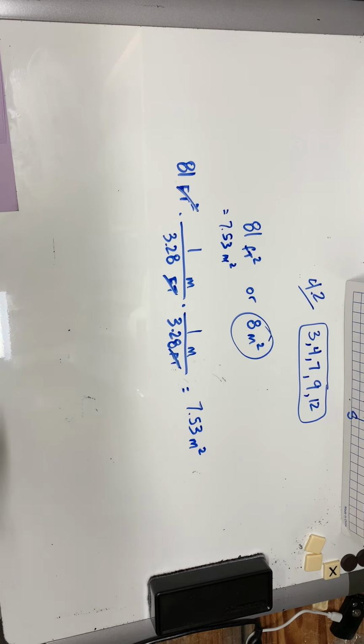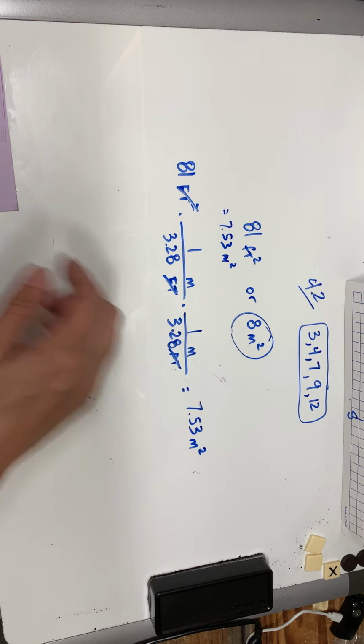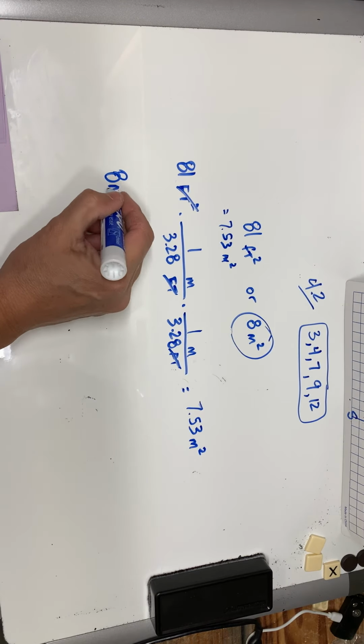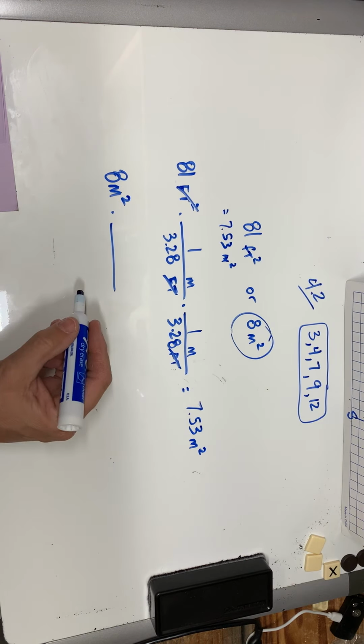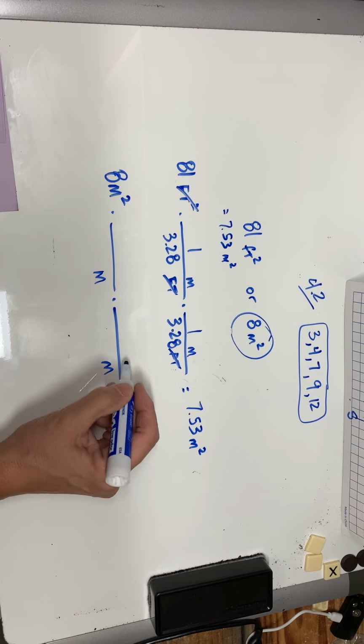It turns out on this one, the choice I have is that 8 square meters is bigger than 81 square feet, because when square meters are converted to square feet, 8 square meters is, and so what they really want me to do is tell them how many square feet this is. Sometimes you just guess which one you want to do, and sometimes you have to redo it. So if I want to cancel meters, they would be down below.